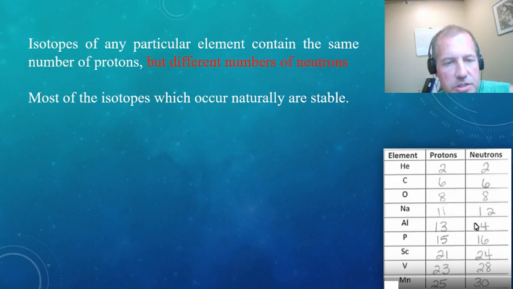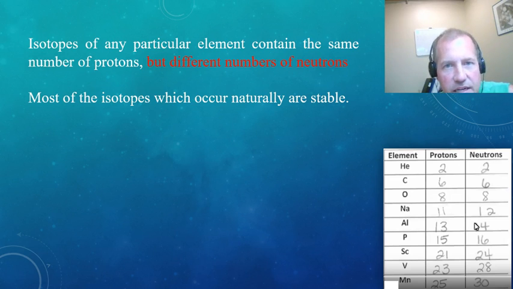We're going to be using some data from our lab number 2, so hopefully you can see what is happening as we determine why are atoms unstable. Well, isotopes of any particular element contain the same number of protons but a different number of neutrons. This again is something that I'll constantly be reminding you of.